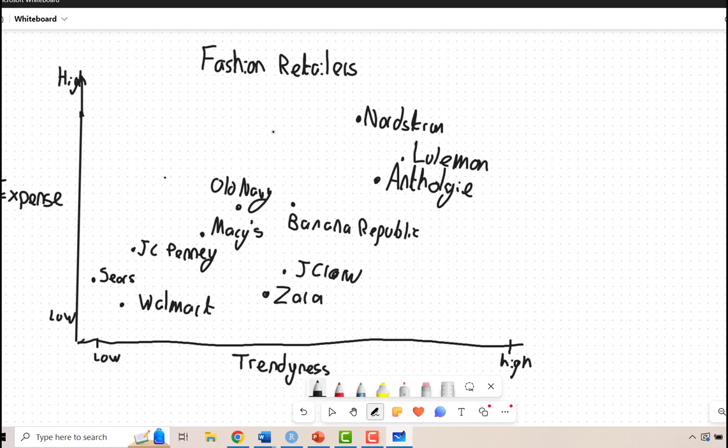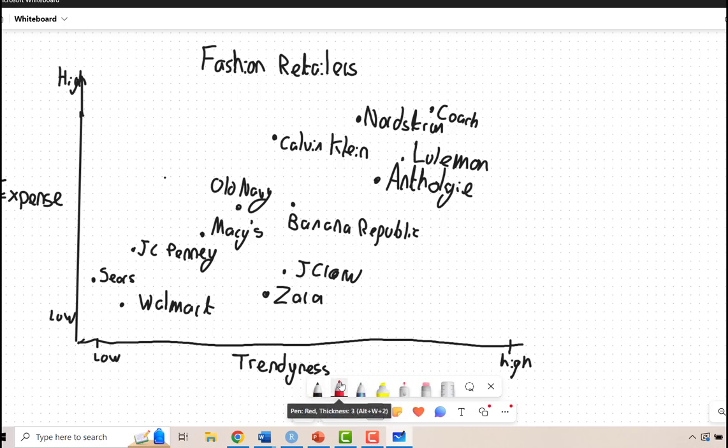And maybe Calvin Klein. Maybe we'll have Coach, Dolce & Gabbana. Okay. And again, I know very little about fashion, but you see my little segmentation map here.